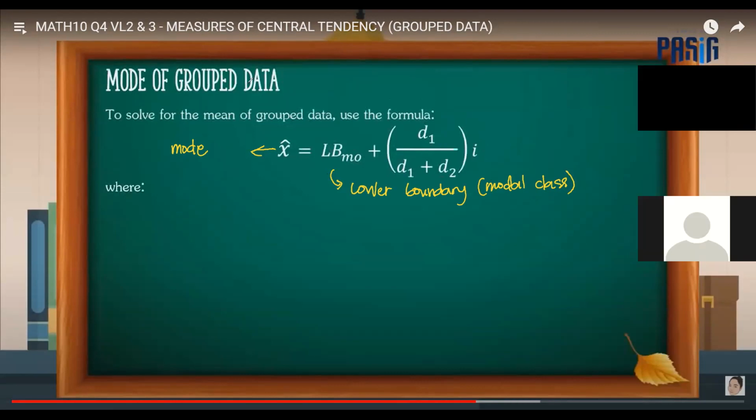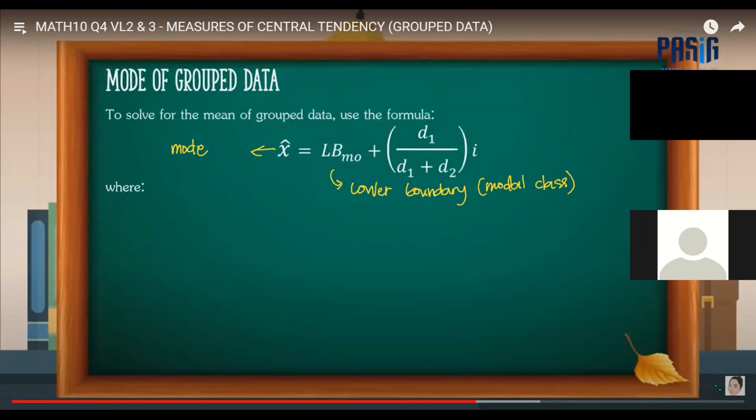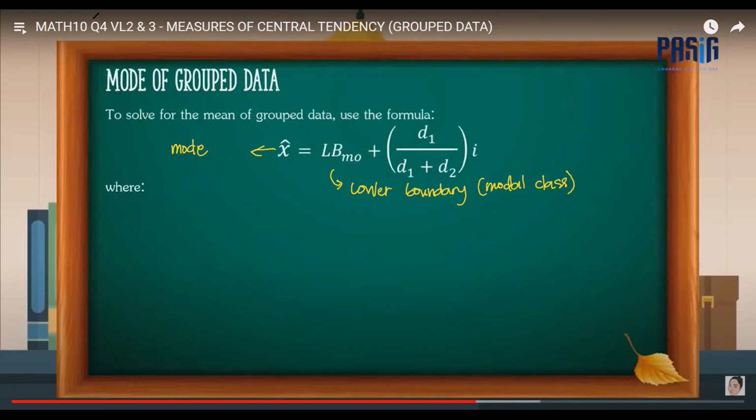You will use this in your research. You will use this in your researches. And it is very important that you know how to find the different measures of central tendency. Okay? So, in your research, in your thesis, these are what is used. Okay? So, you have to learn this.